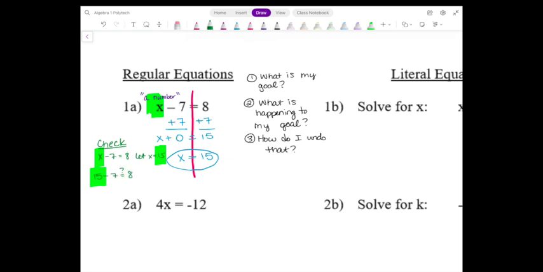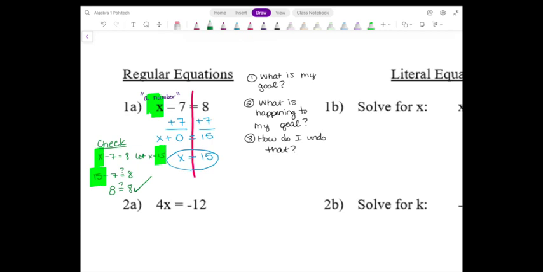Well, what is 15 take away 7? I need to use my toes for this one. So 14, 13, 12, 11, 10, 9, 8. All right, so I got 8 for that one. So I got that 8 is equal to 8. Well, is that true? Is 8 the same as 8, even if I don't write them the same way? Well, yes, it is. And I can check my work and know that I've done the problem correctly.